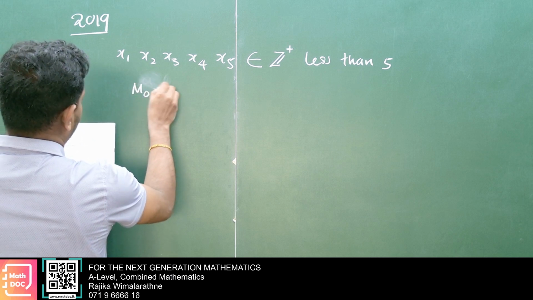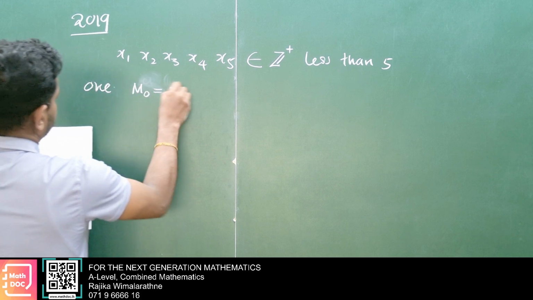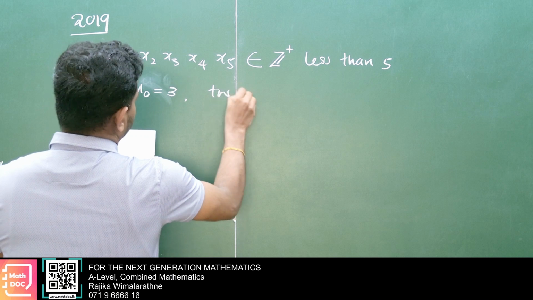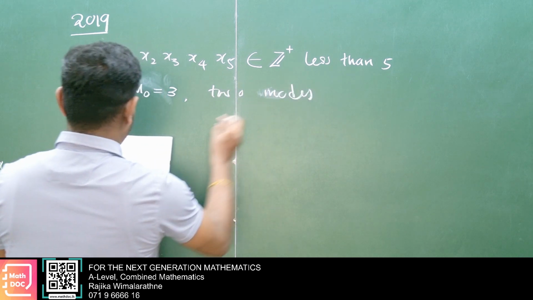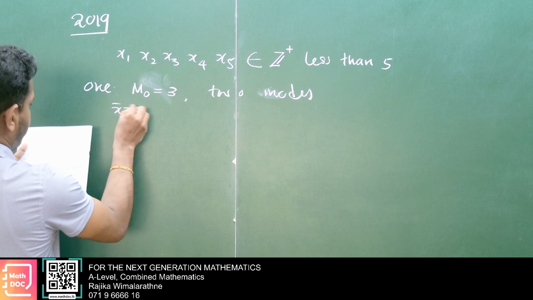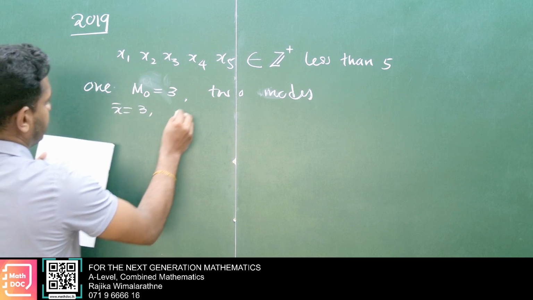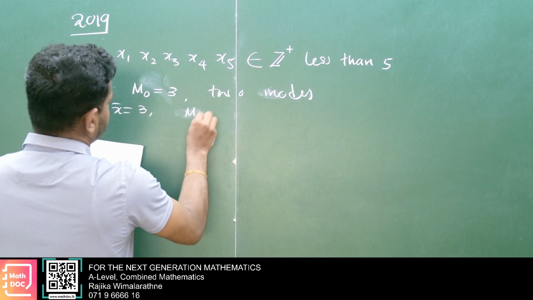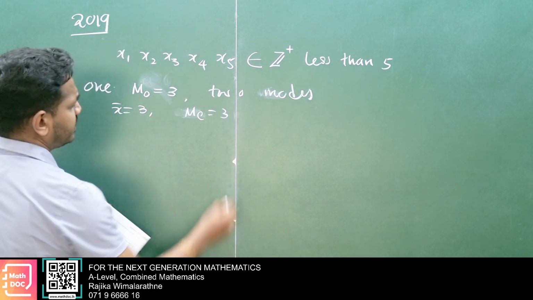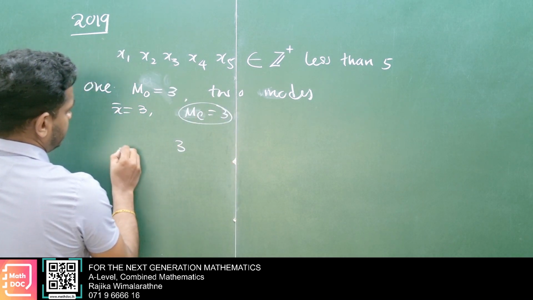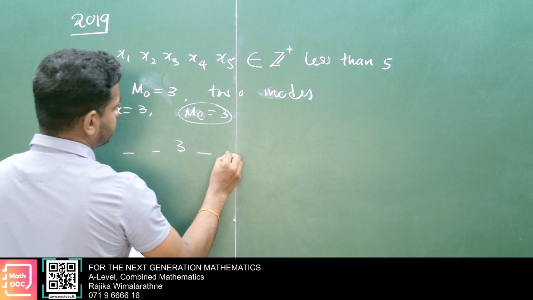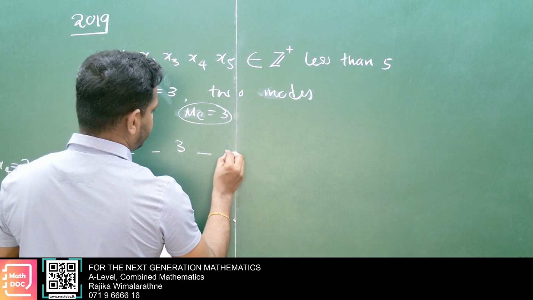Mode 3, 2 modes, and mean and median 3. Let's start from here. Median 3, so the mid value is 3. Then there are another 4 values to be determined.